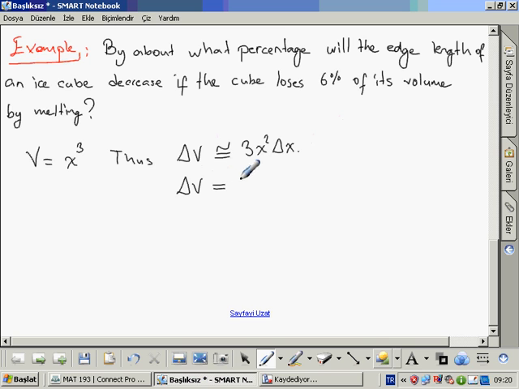And we know that delta volume equals minus 6/100 of the volume. That's the total change.